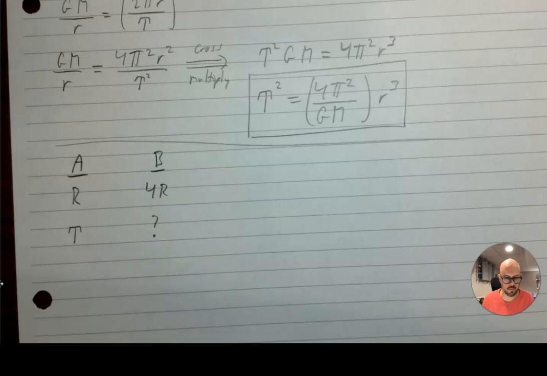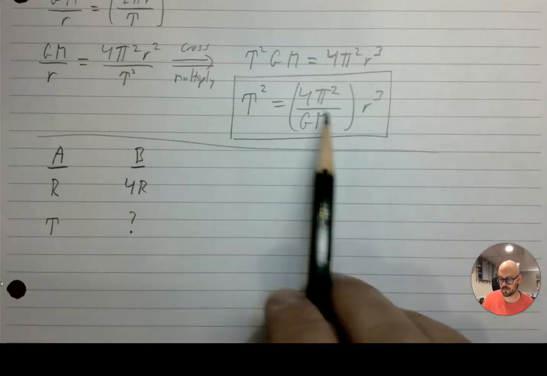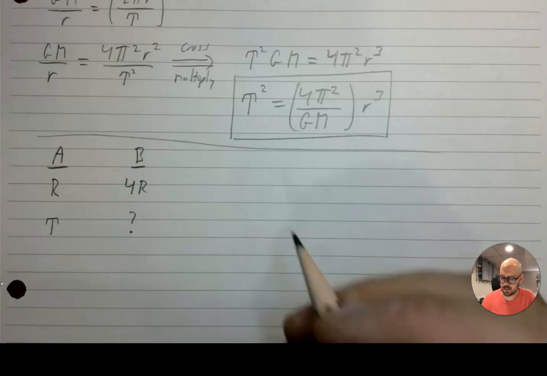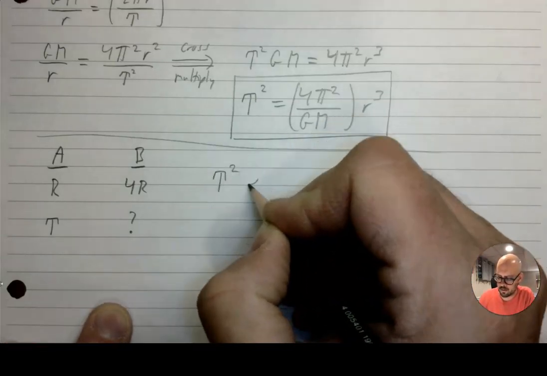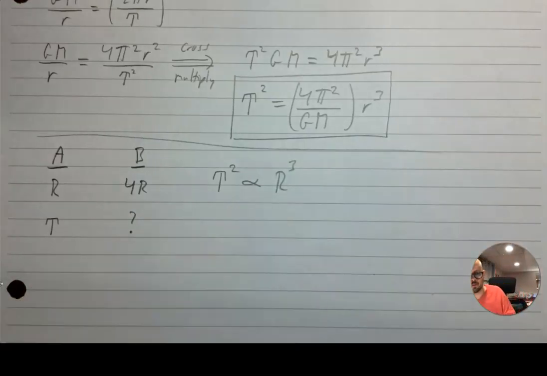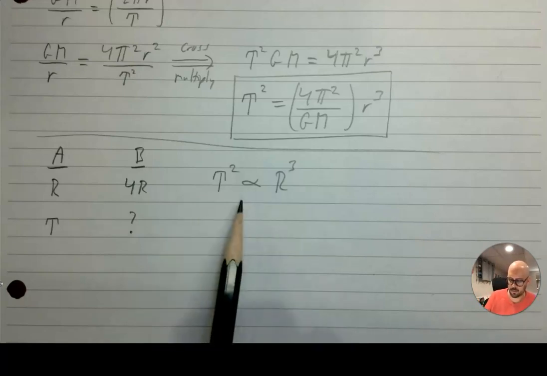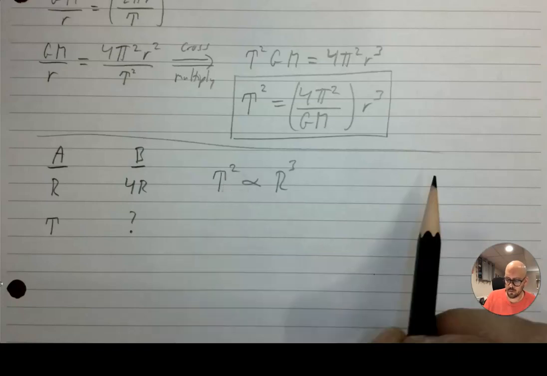I've dispensed with the writing of the problem, and we're just working with this proportionality. Now, we've done a bunch of examples where I fill in this whole equation. I'm going to skip that. I know that the only two variables that matter are period and radius. And I can solve this proportionality for period if I take the square root of both sides.